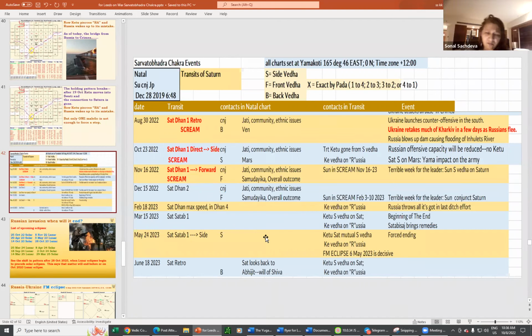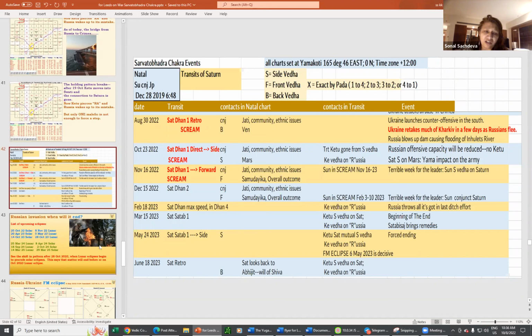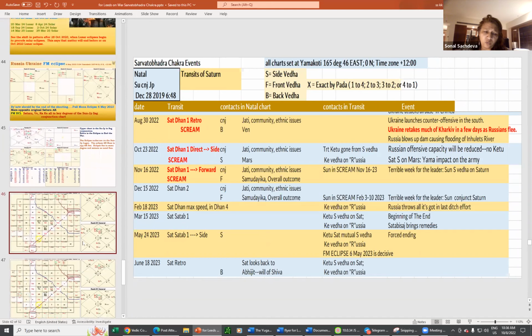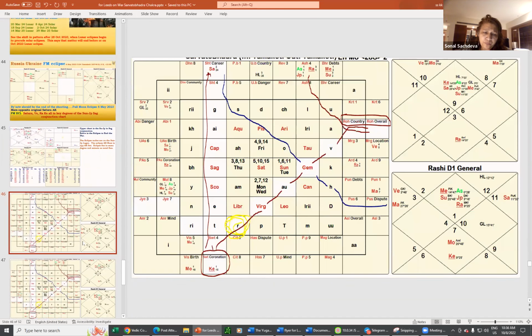Right. Wow, amazing, interesting. But next year, Saturn and Ketu will aspect, at least by Drishti, Rashis. So Rahu and Ketu. Yes. That's another thing when you're thinking about this Sarvatobhadra Chakra.